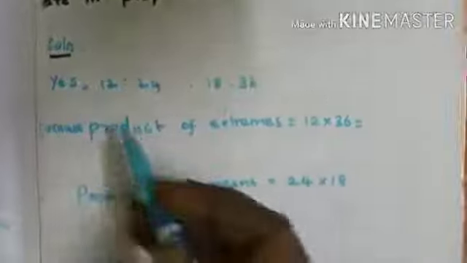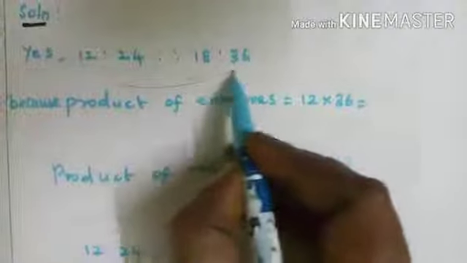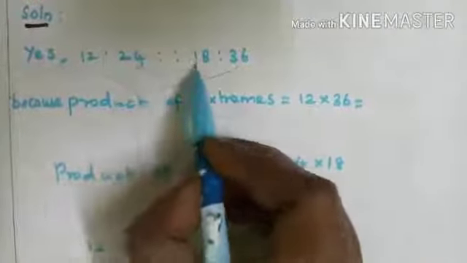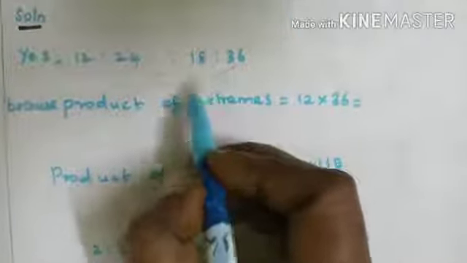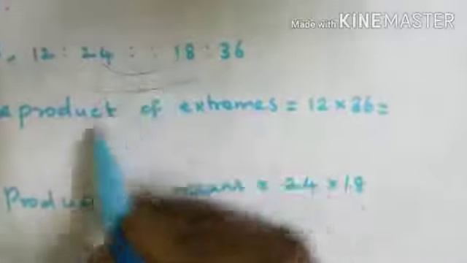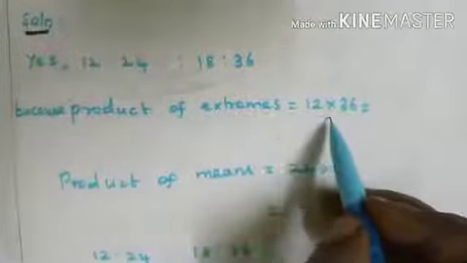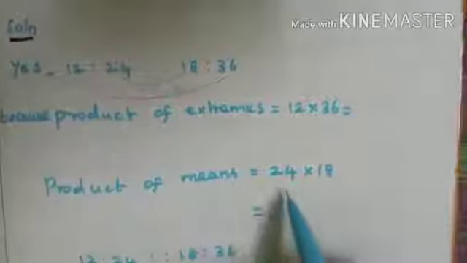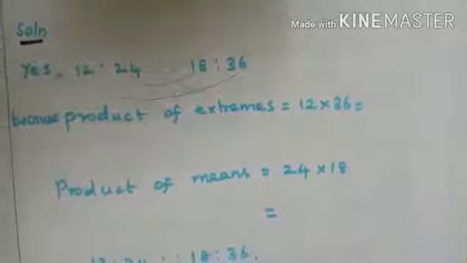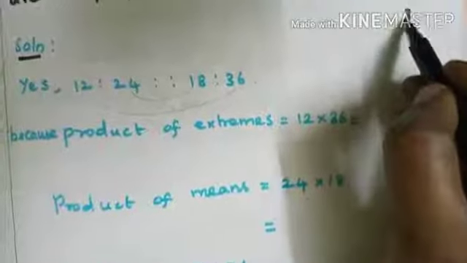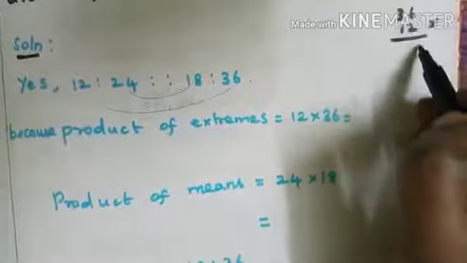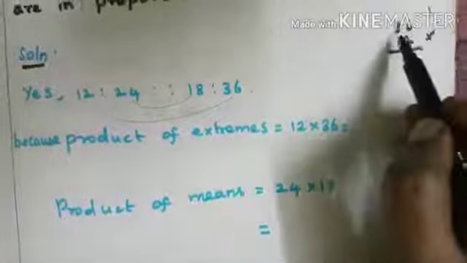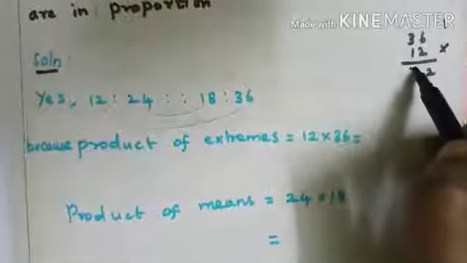So what is the product of extremes? 12 and 36, and these are the means, isn't it? This is extremes and this is means. Therefore, product of extremes equals 12 into 36, product of means 24 into 18. So now we multiply 36 into 12. 6 2s are 12, 1 left over. 3 2s are 6 plus 1, 7.